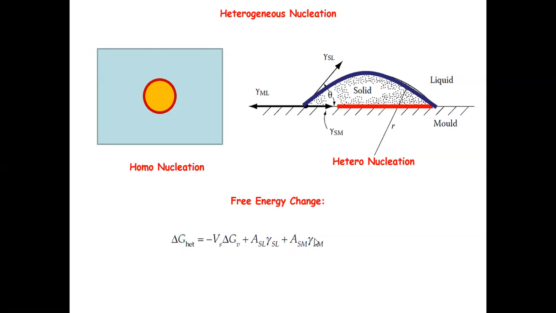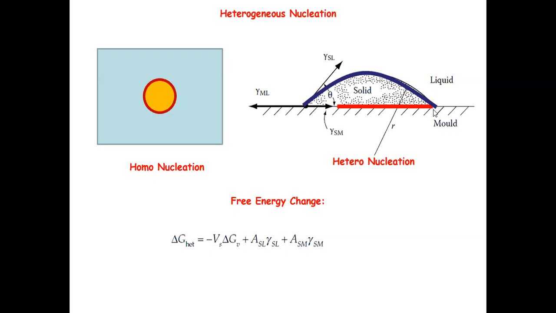Are we done here? Are these the only considerations of the energies we should put into the equation? No, liquid and mold also counts. Exactly, because you see this interface, this red one, is not a created interface, right? This blue one is a newly created interface because before it didn't have any solid.